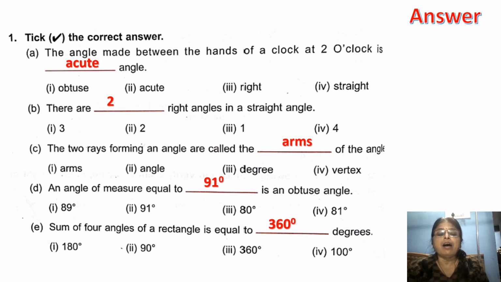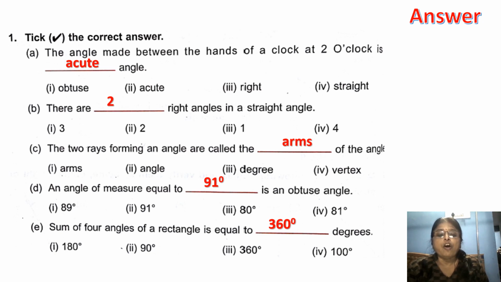Next, there are dash right angles in a straight angle. You draw the straight angle in your copy and you will find that there are two right angles in a straight angle. Next, the two rays forming an angle.